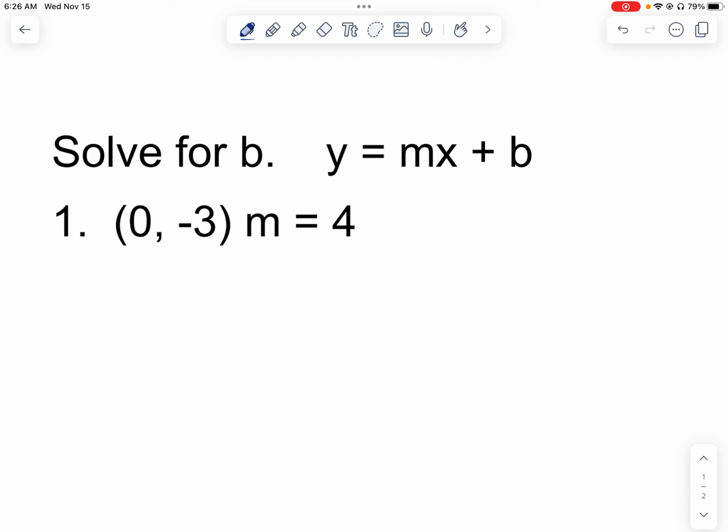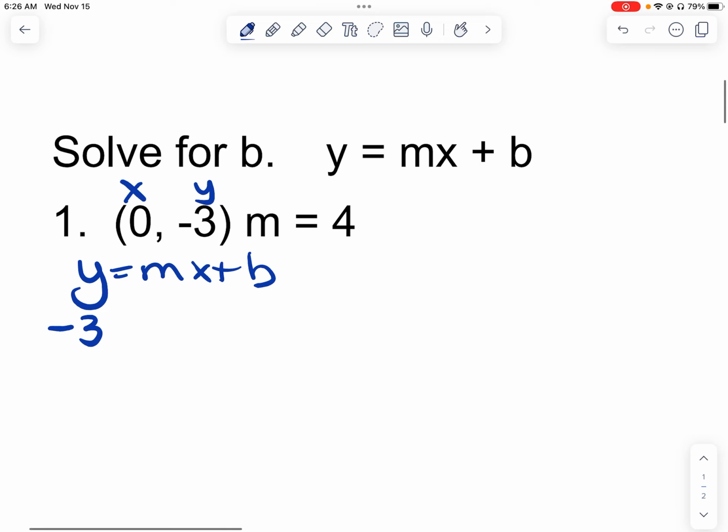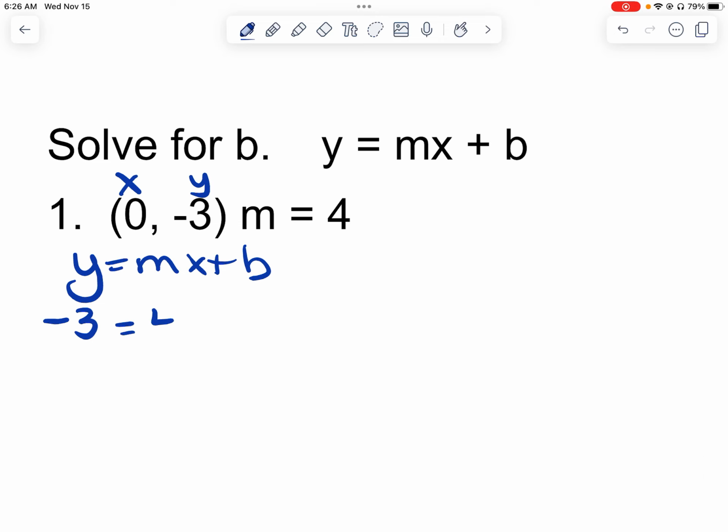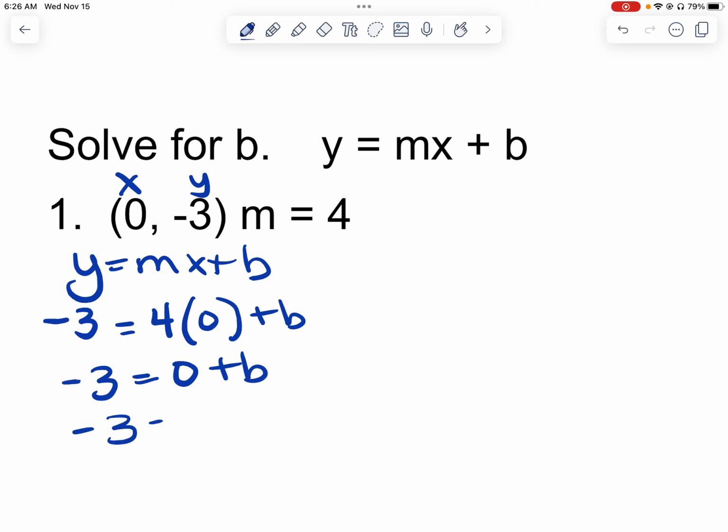Okay, so let's come over here. Remembering this is my x, this is my y, and we have y equals mx plus b. So I'm going to replace the y with negative 3, replace the m with 4, and replace the x with 0. When I do that, 0 times anything is 0. So I get negative 3 is equal to b.